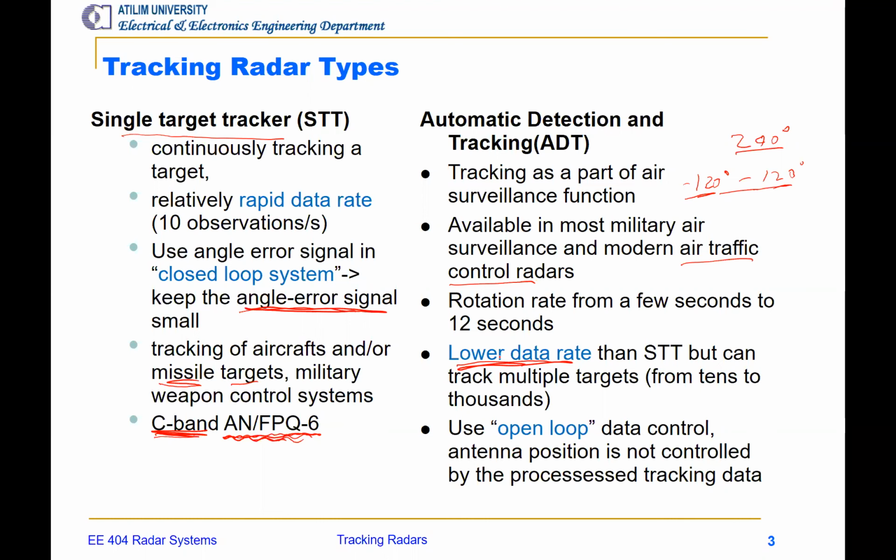It uses open loop data control. So this means that the antenna position is not determined according to the received signal. And with this property, this is quite different from the STT operation.